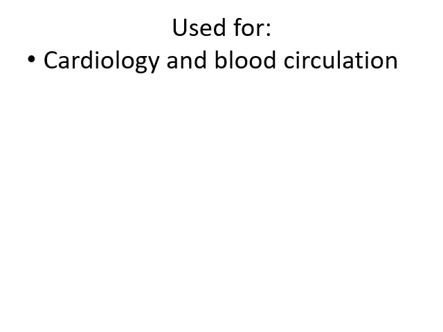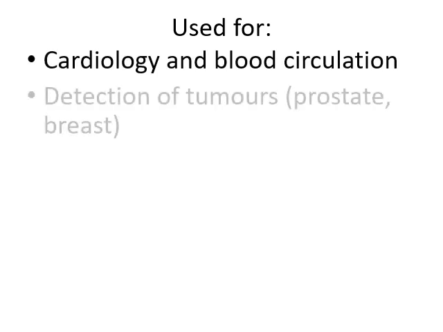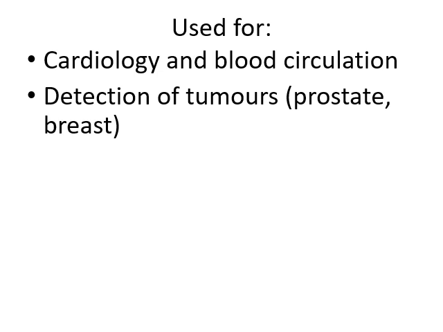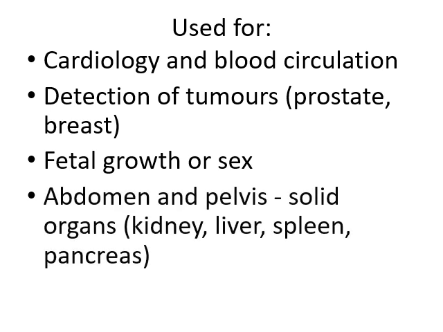So our cardiology and blood circulation, some tumors in the prostate or in the breast, fetal growth or fetal sex, anything in the abdomen, so those solid organs, kidney, liver, spleen, pancreas, and your urinary tract. Okay, so that's basically what they'll send you for. There's lots of other reasons as well, but that's the major type.